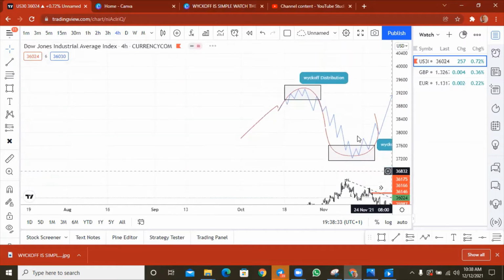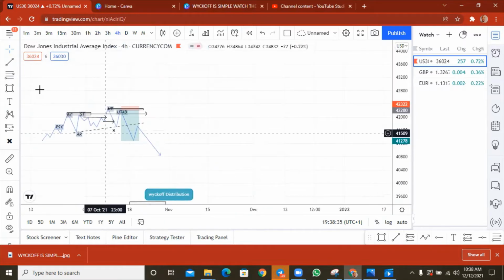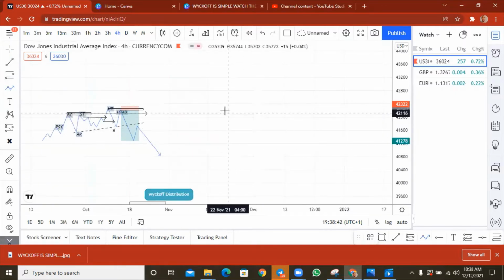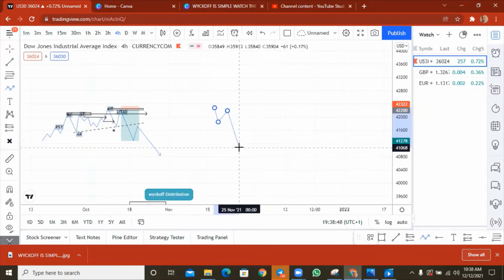Don't forget, it's just the inverse of this. Since it's a downtrend turning to an uptrend, it comes down to the selling climax, then the automatic rally, secondary tests.